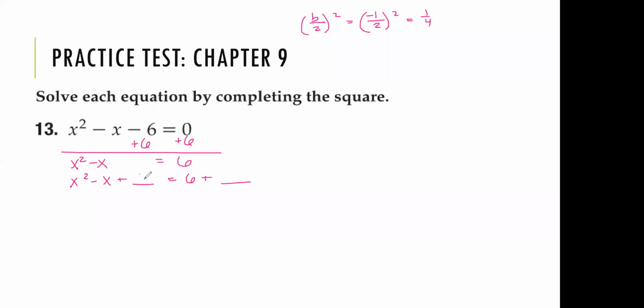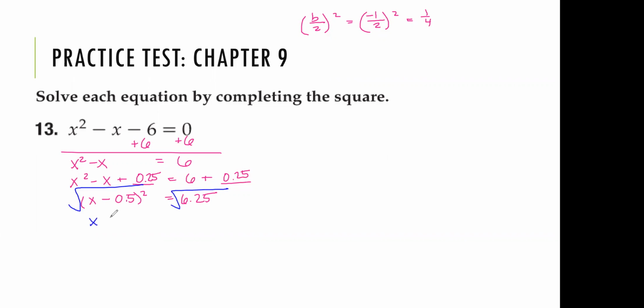So this would be 25/100. So when I factor this, this is going to be x minus 5/10 squared equals 6 plus 25/100 is 6 and 25/100. So then I would need to take the square root of both sides.